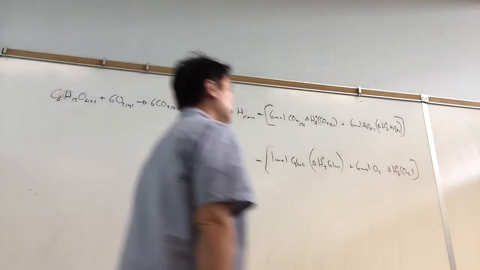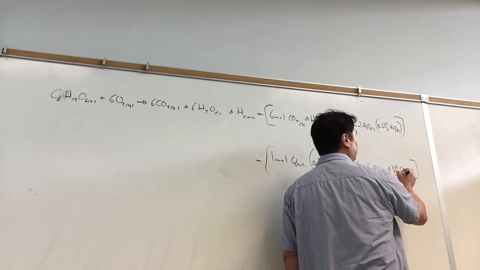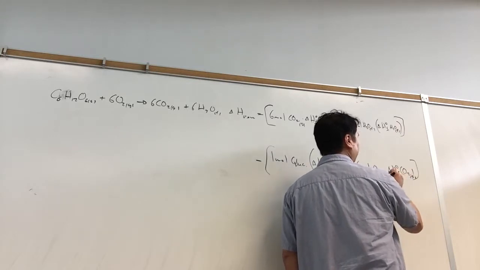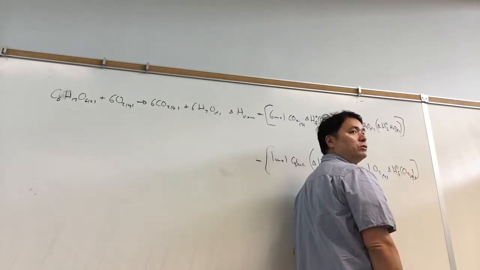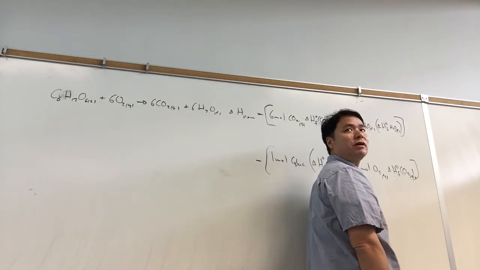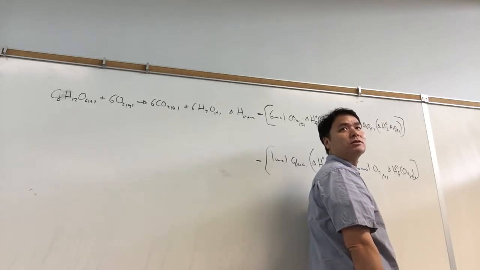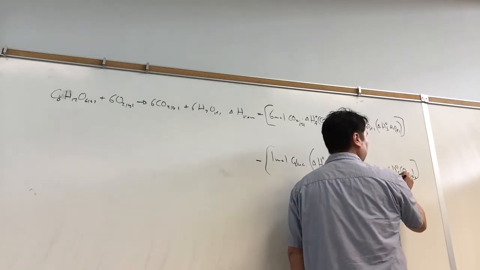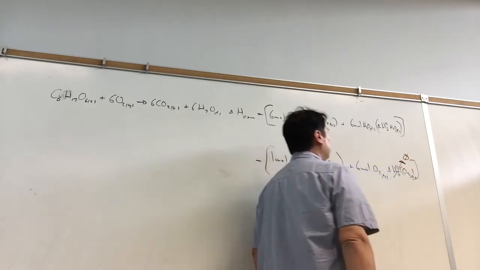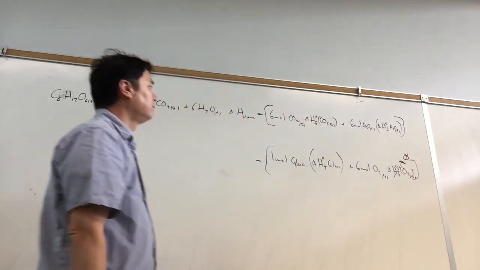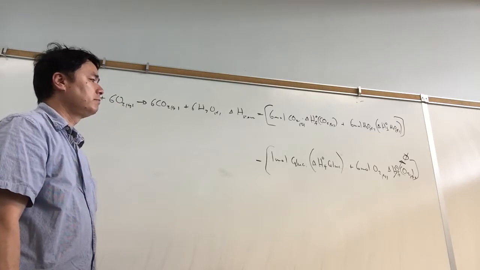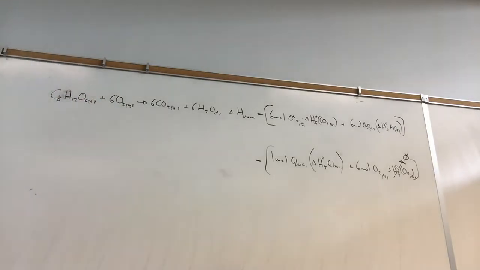This one. What's the delta H formation of O2 gas from O2 gas? We're forming 1 mole of O2 gas from 1 mole of O2 gas at 25 degrees C. The delta H formation is 0. So that term is 0. The others we have to look up.